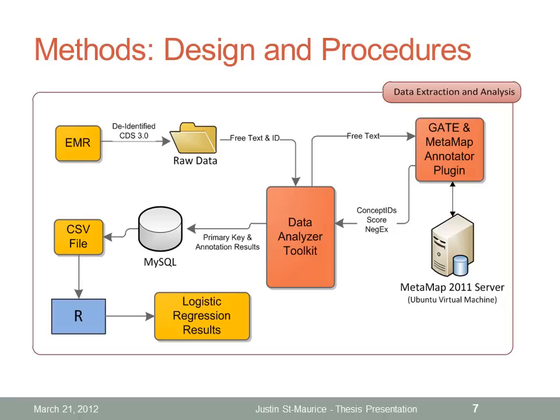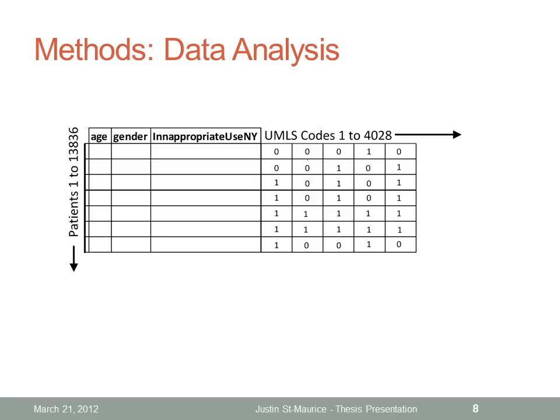Once in MySQL, I was able to write queries and stored procedures that meshed the data in a way that was appropriate to be put into a regression model. So that was exported to a CSV file, and then I used R, which is an open source statistical package, and I performed logistic regression to figure out what the relationships were between inappropriate use and specific biopsychosocial codes.